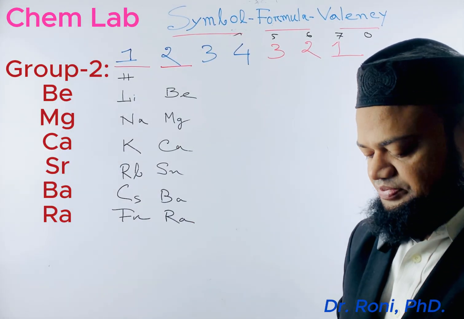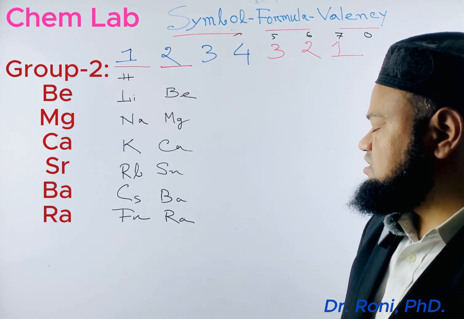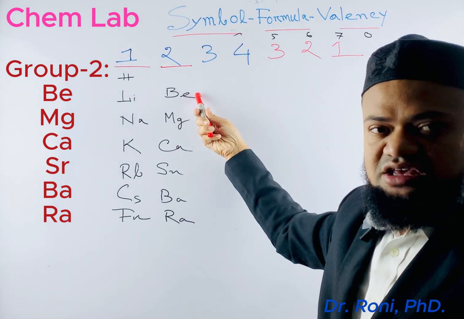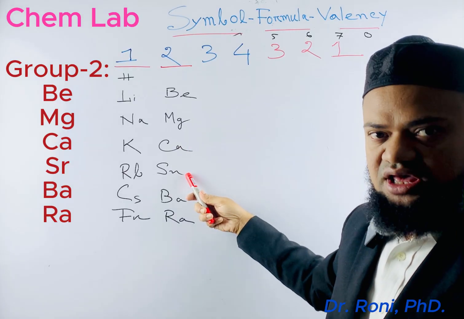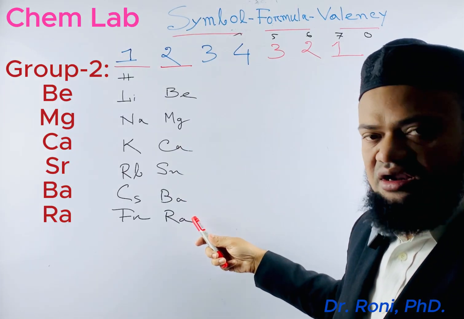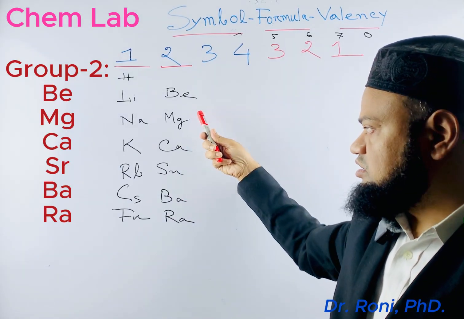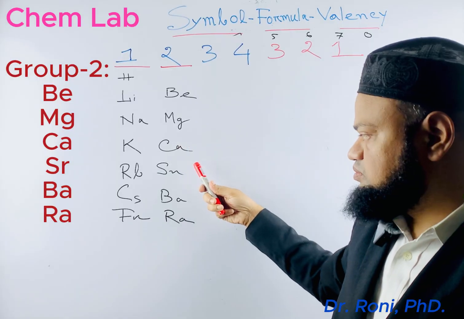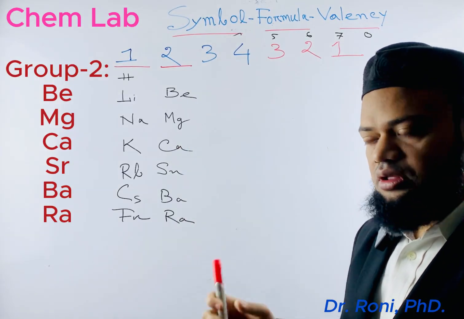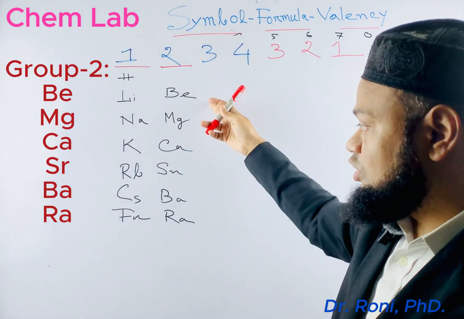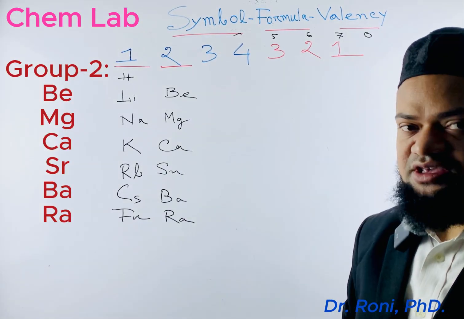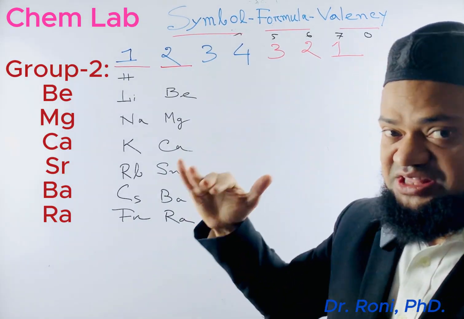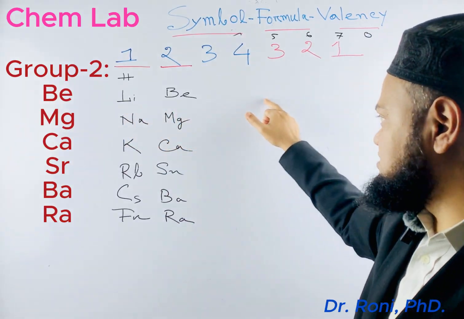In Bangla, I say like this: biryani, mughlai, kabab, put it aside in the bowl. So all these elements are under group 2. So simply, after that I'll mark some highlighted elements.